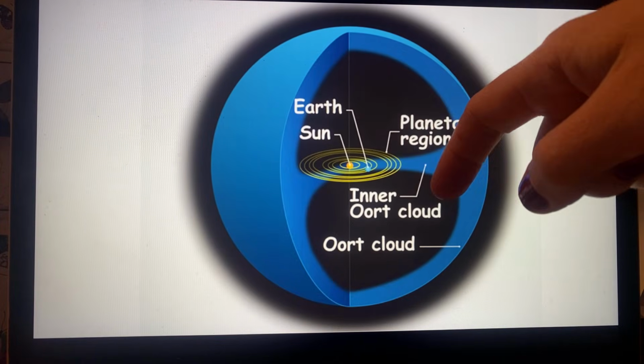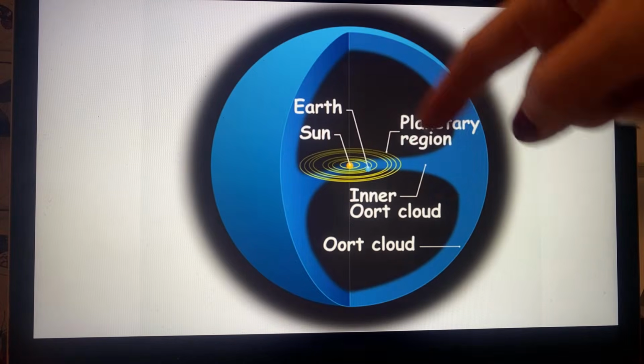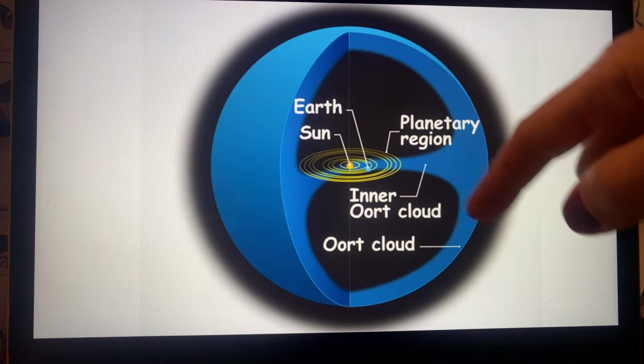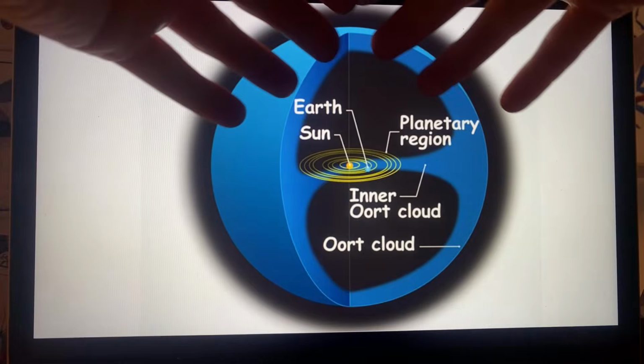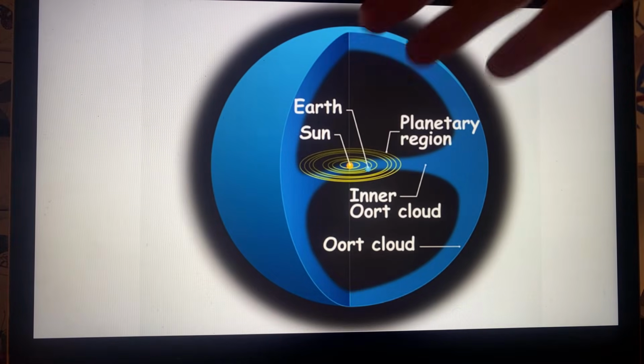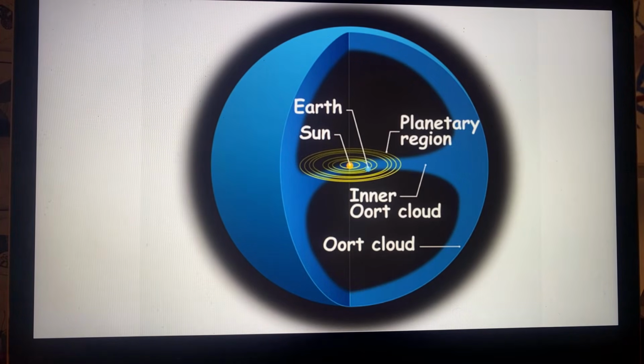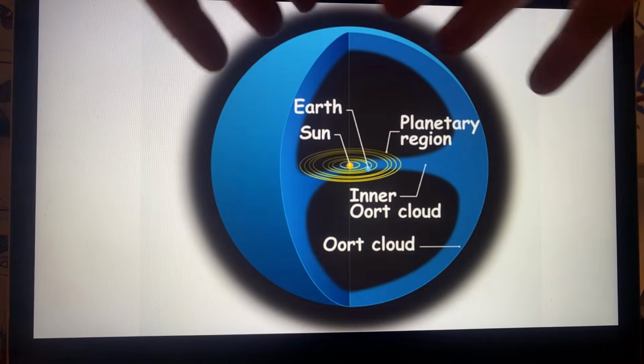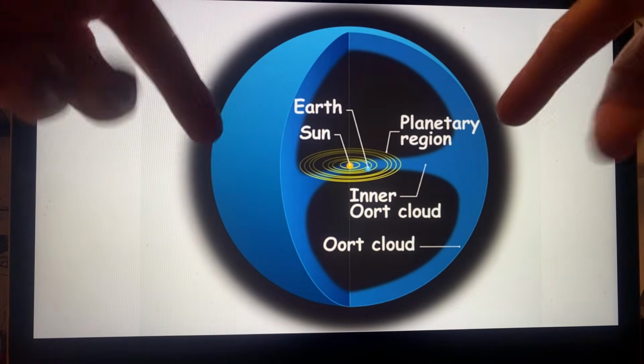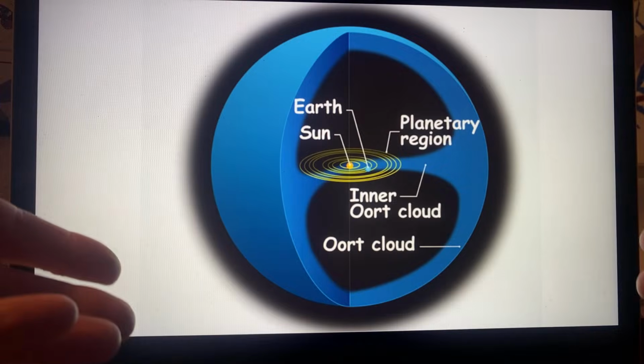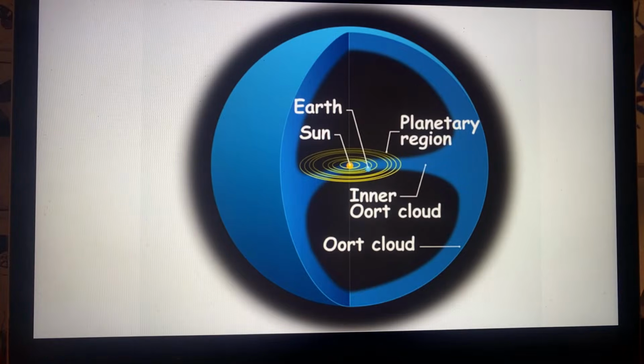Neptune's right at the end. And then you've got the Kuiper belt where quite a lot of the dwarf planets are. And right on the outside, you've got this thing called the Oort cloud. This is not a disk. This is a sphere. This is the very, very outskirts of our solar system, and this is where a lot of the comets come from.